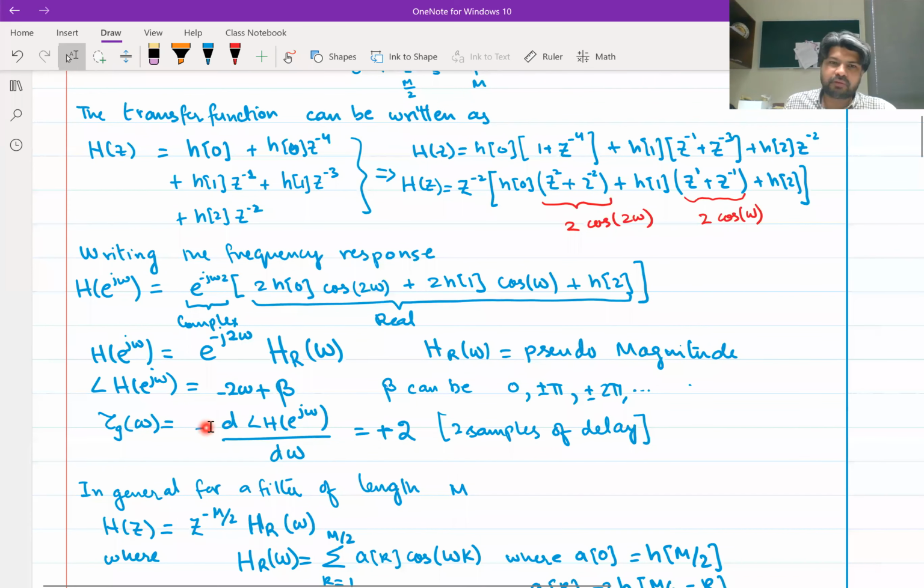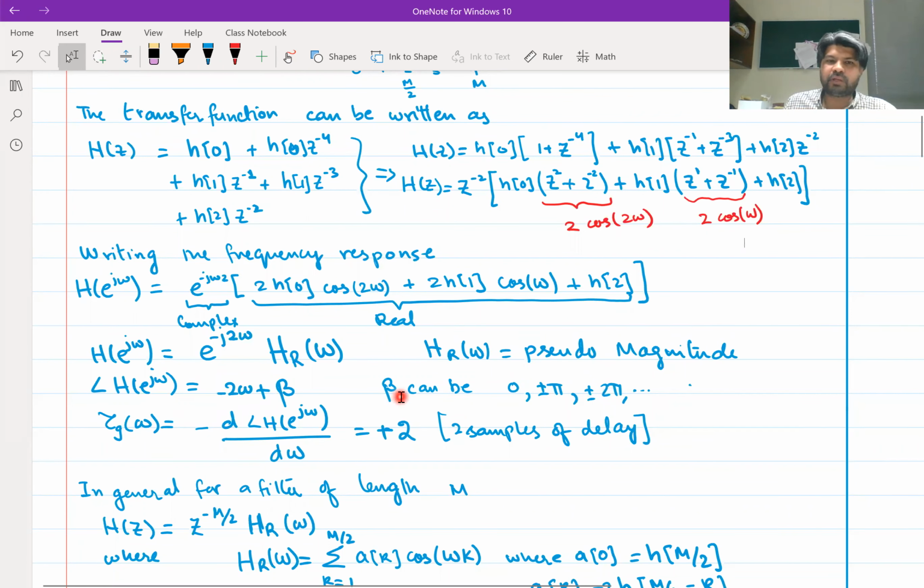ये सारा पॉजिटिव नहीं होता, नेगेटिव हो सकता है। तो हेंस अगर आपने एंगल ऑफ e to the power j omega निकालना है तो this would be minus 2 omega plus beta, where beta would be 0 plus minus pi, plus minus 2 pi and so on.